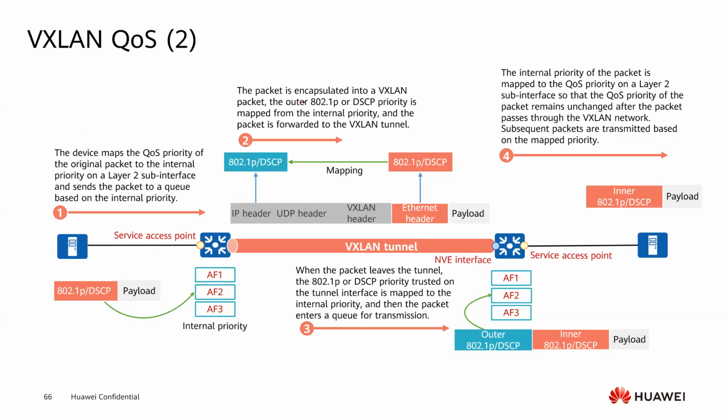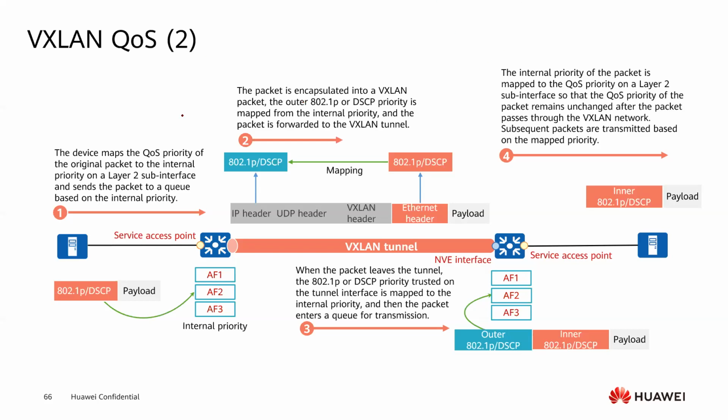It means we will copy the DSCP value carried in the VLAN header to the VXLAN header, and after the packet is decapsulated and sent out of the VXLAN domain, we will copy the VXLAN QoS value to the original data frame. So that is the VXLAN QoS.